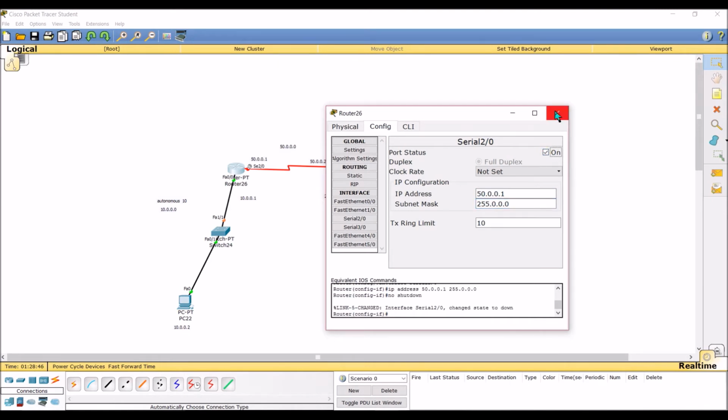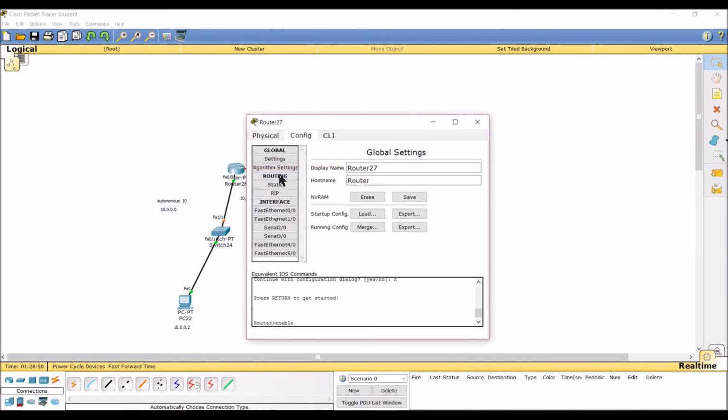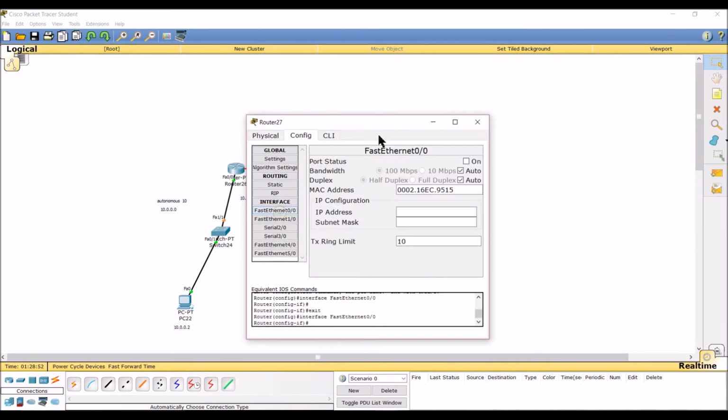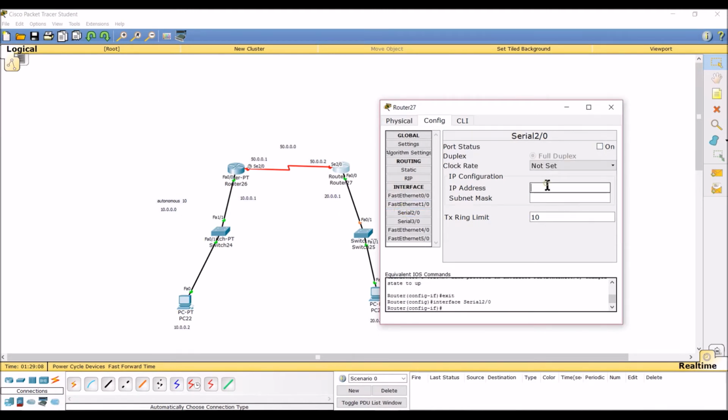Turn it on. Now let's configure this router. FastEthernet 0/0 IP address is 20.0.0.1, turn it on, and serial port 2/0 is 50.0.0.2 with the subnet mask, turn it on.